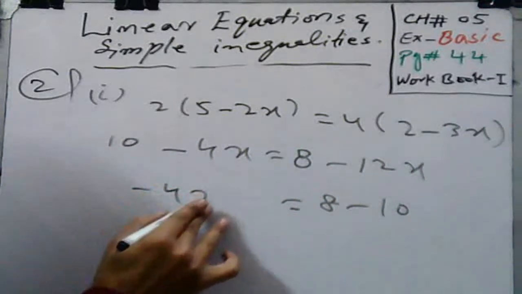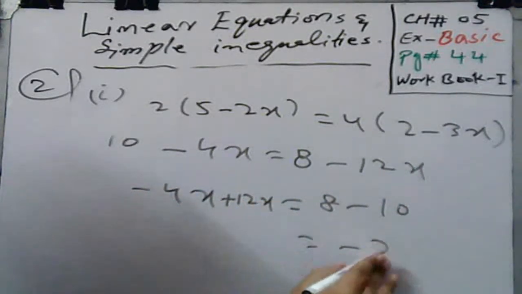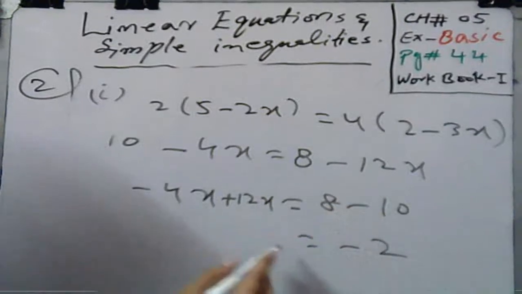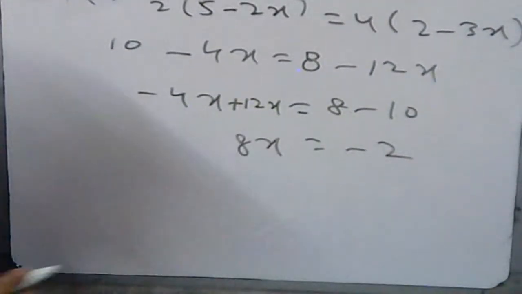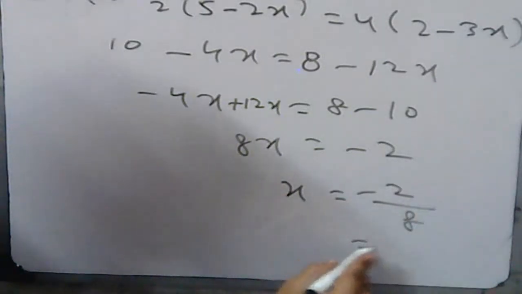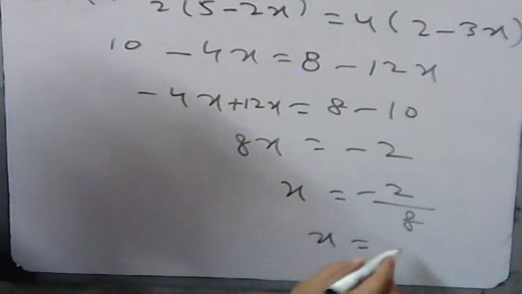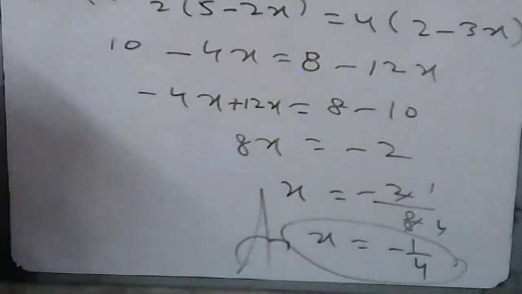The constant value should be shifted to the other side. So minus 2, the greater value sign should be used. So 8x. So the value of x is minus 2 divided by 8. So the value of x is, 2 1s are 2, 4 2s are 8, minus 1 by 4. So that is your required result.